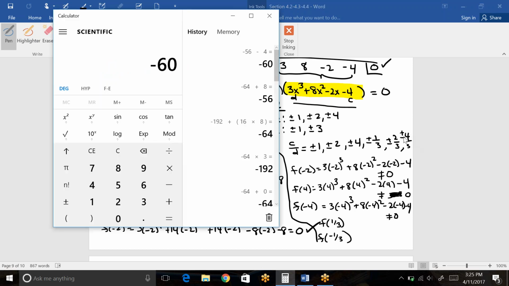And we'll have to try 2/3 and then the 4/3 versions. So I'm going to use my calculator again, because once you get into the fraction ones, it's harder to work those out by hand.